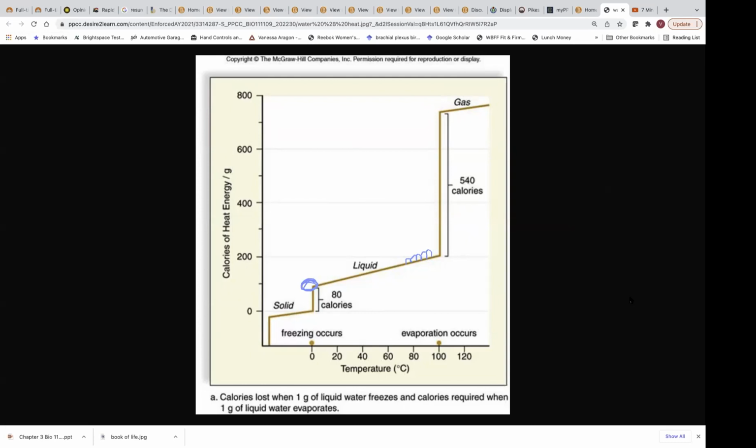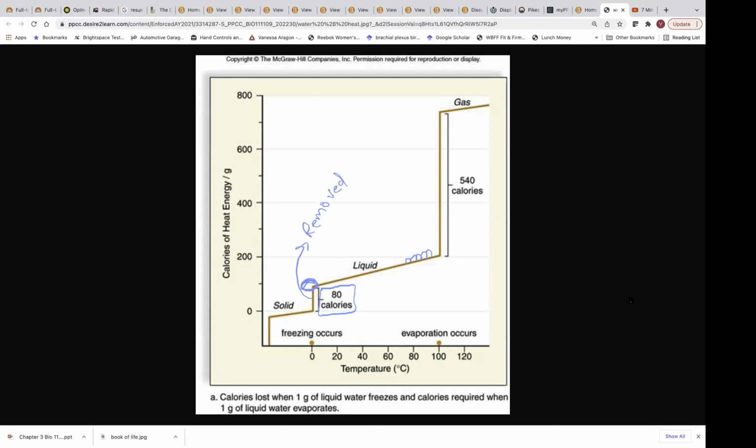And in order to do that, the removal of 80 calories of heat energy needs to be removed to change liquid into solid.